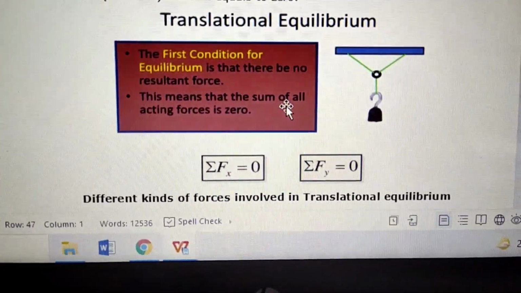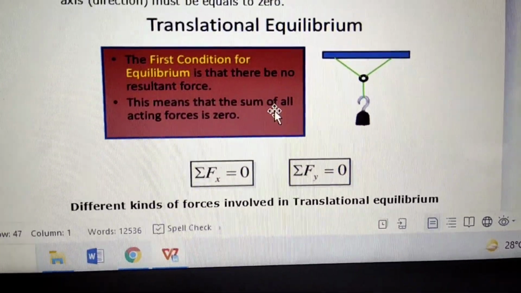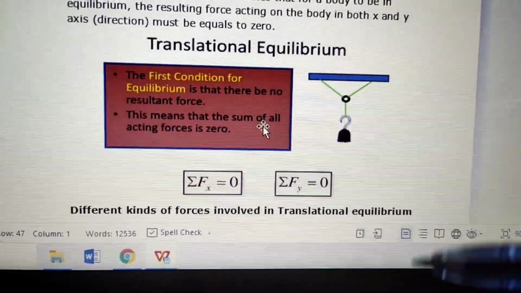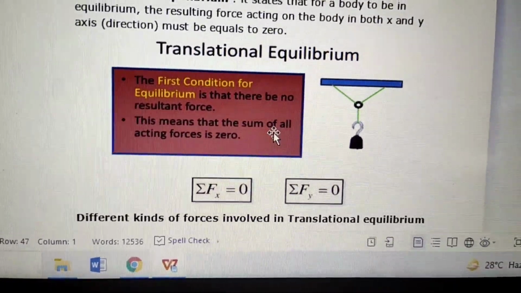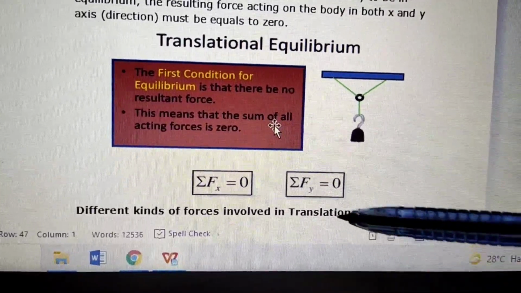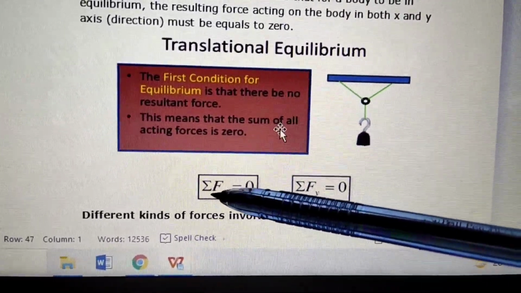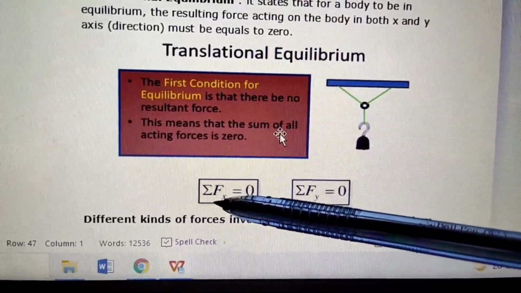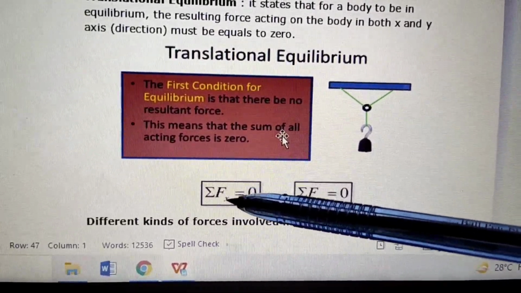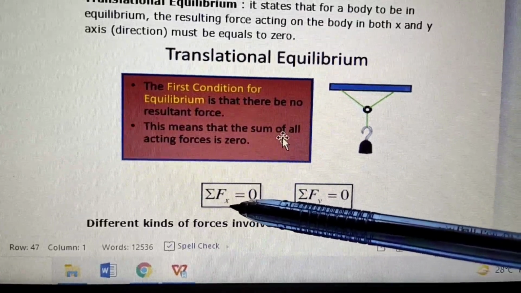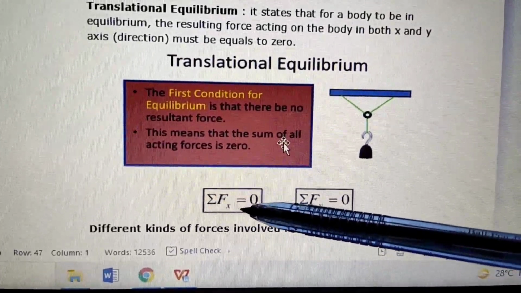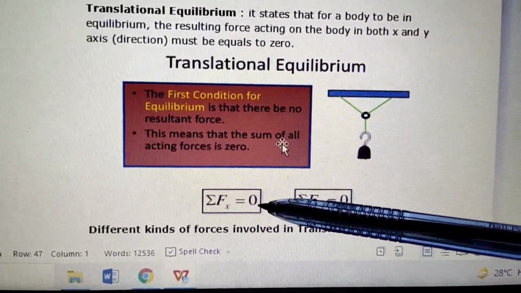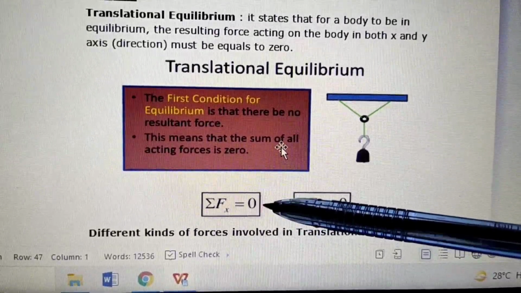Looking at the formula, you can determine that there are two formulas involved in solving translational equilibrium. First, the summation of all the forces, F is force, in the x-axis should always be equal to 0 in order for an object to be in balance.